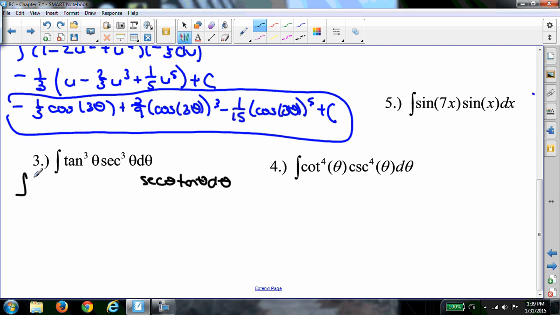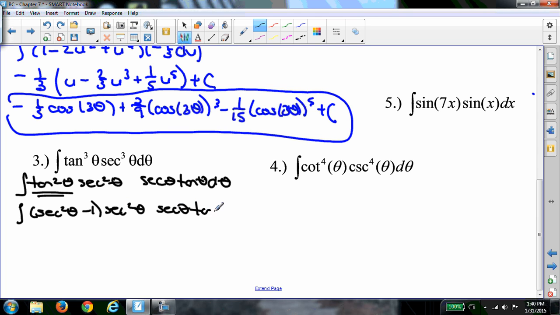So for the rest, we have tangent squared theta, we have secant squared theta. And now we need to rewrite this in terms of secants, which is easier because 1 plus tangent squared is secant squared. So tangent squared is secant squared theta minus 1. So if you distribute this out, you get secant to the 4th theta minus secant squared theta, secant theta, tangent theta, d theta.